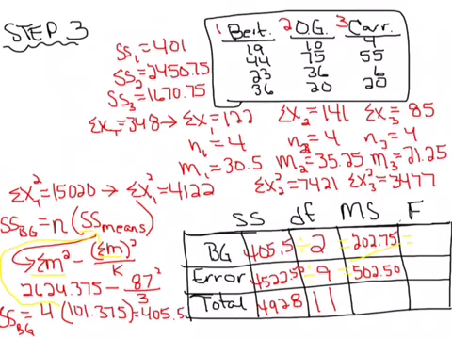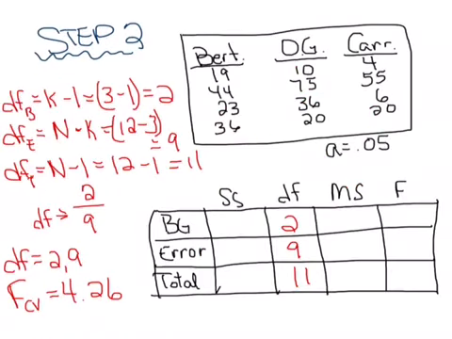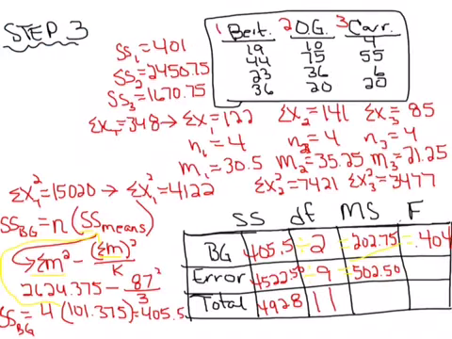So once you calculate that, you should get 0.404 as your final F, which is not very large. And if you look all the way back at step 2, our criteria was 4.26. So we know we do not have significance. 0.404 does not fall within that region.